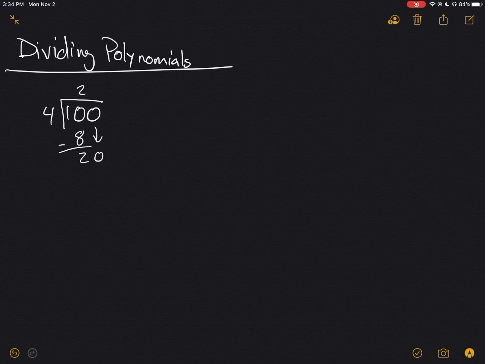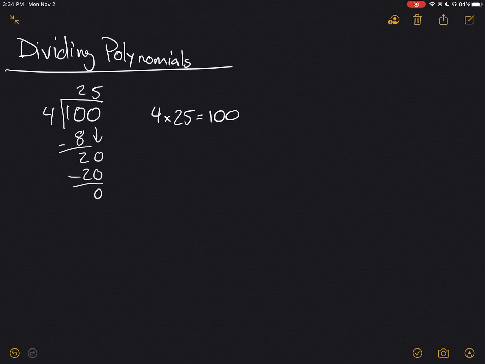Bring down the 0. 4 goes into 20 5 times, right? So remainder of 0, right? So what this tells us is that 4 times 25 is equal to 100, right? Another way to think about that is that I took 100 and I factored out a 4, right? And I was left with a 25.